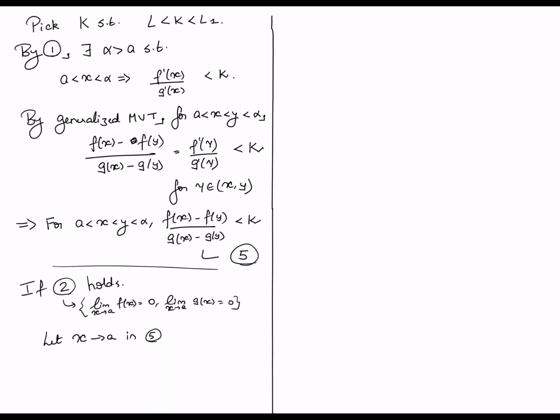Once you do that, since as x tends to a, f of x and g of x both vanish, it now follows that you have that f of y by g of y must be less than or equal to k for y in the interval from x to alpha. Right, and that really proves the statement S1. This proves S1.